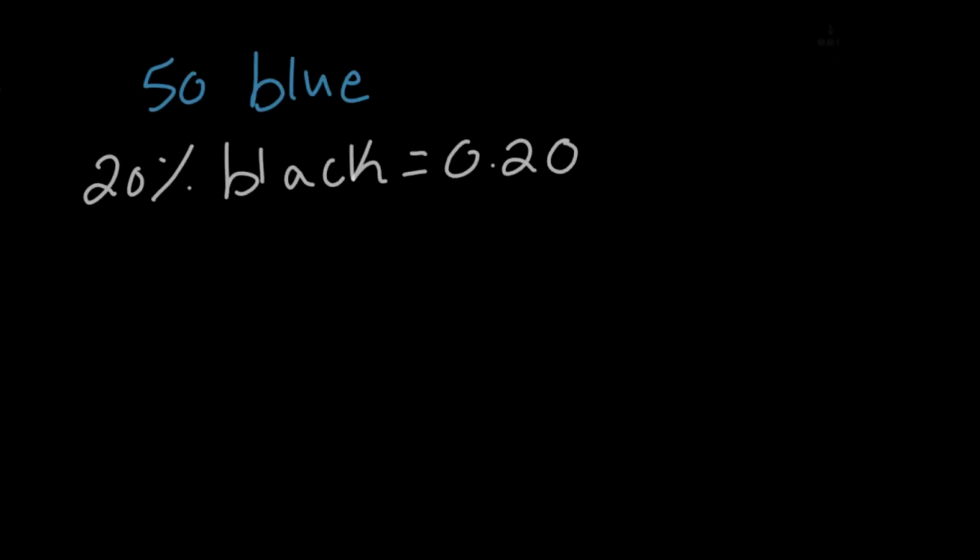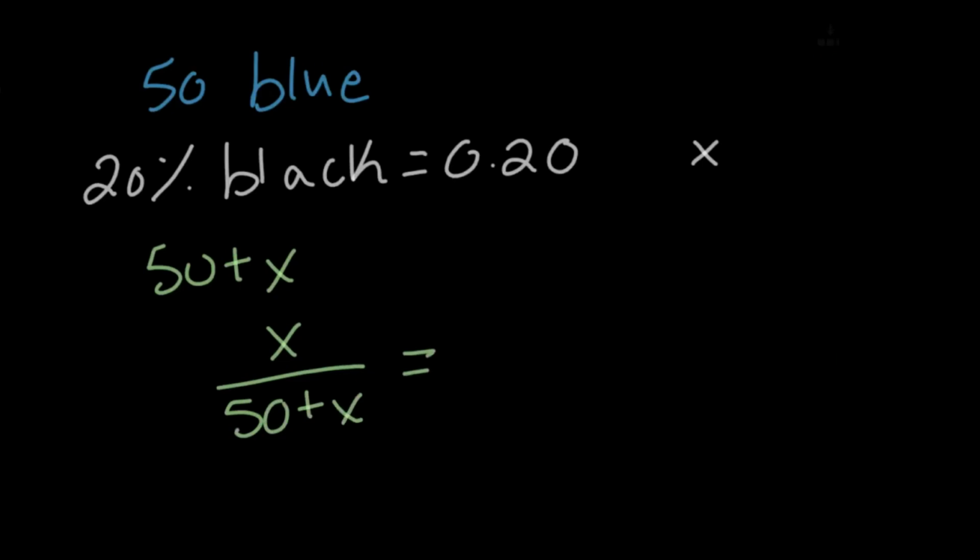We will add in X amount of black paint, so the total volume will be 50 plus X. So we can set up our ratio as X divided by 50 plus X is equal to 0.20.